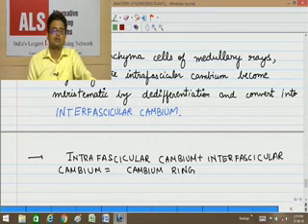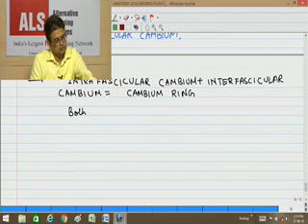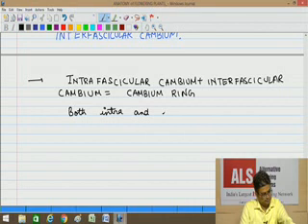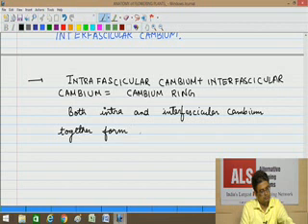Both intra and interfascicular cambium together form cambium ring.